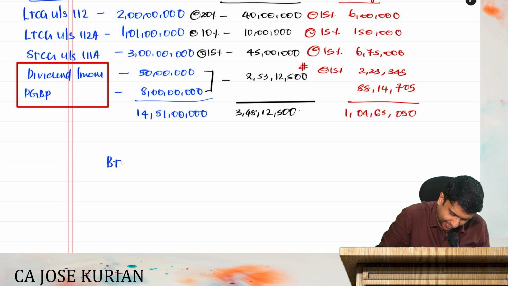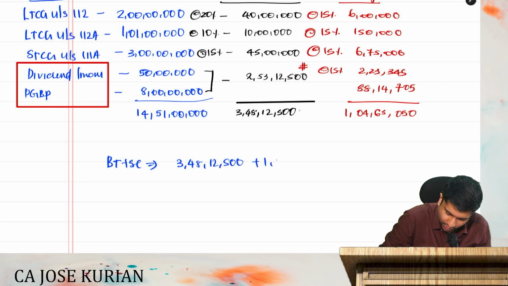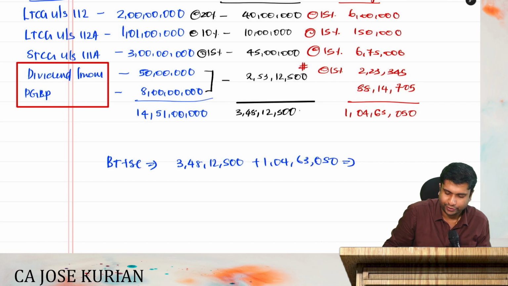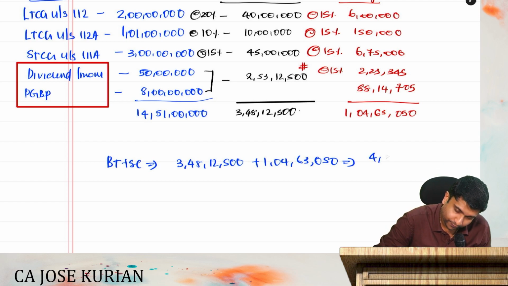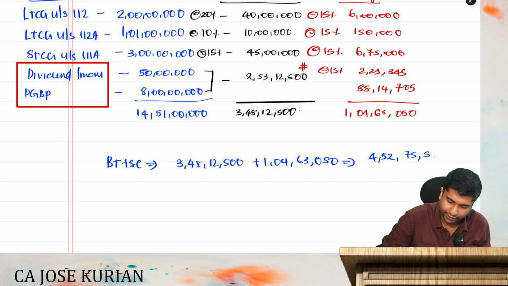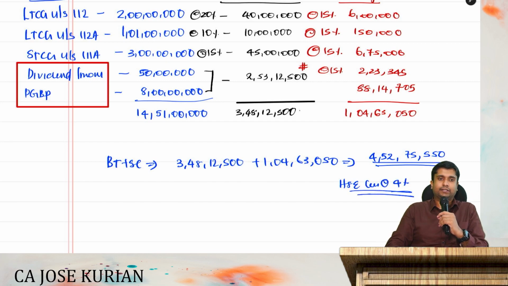Now, basic tax plus surcharge, that is 348,12,500 plus 1 crore 4 lakh 63,050. How much is the figure? Adding these two, BT plus SC, 4 crore 52 lakhs 75,550. On this, health and education cess at 4%. You will get the final tax liability. Hope it is clear.